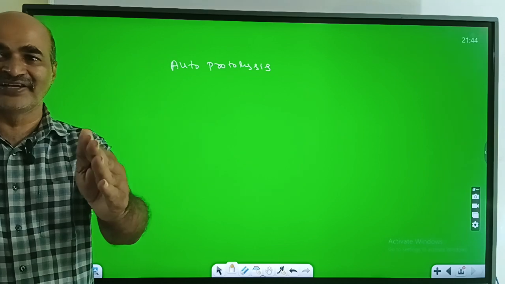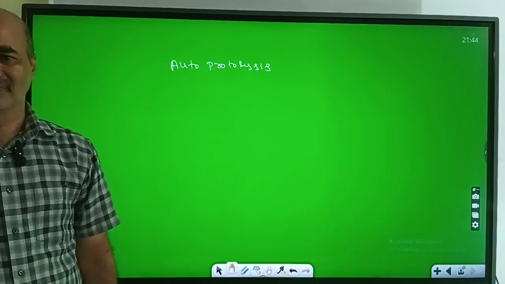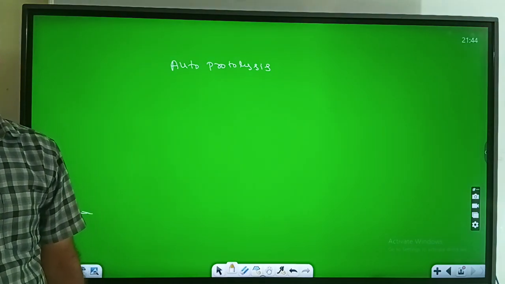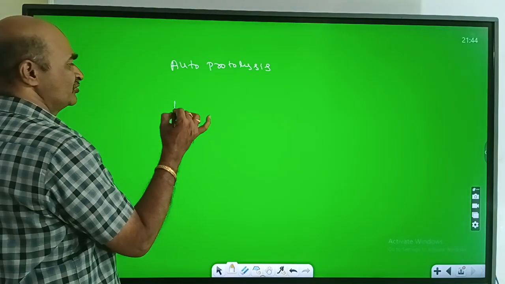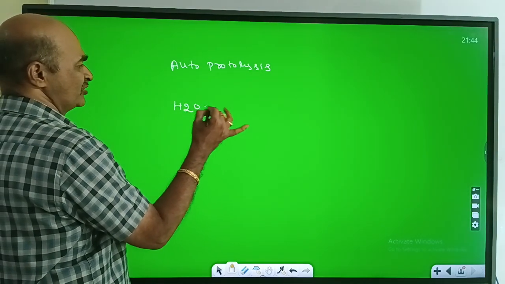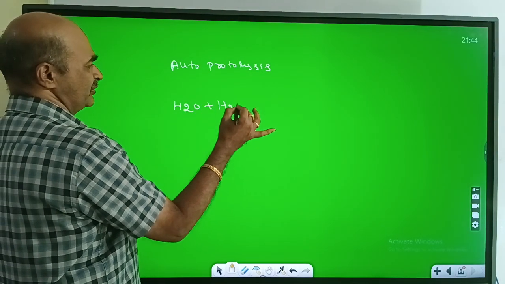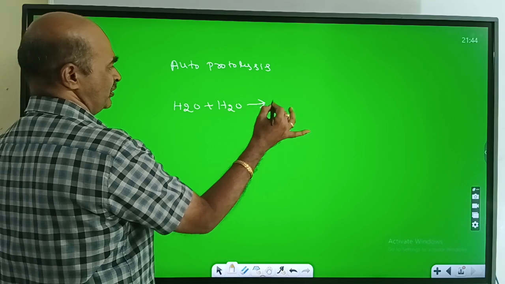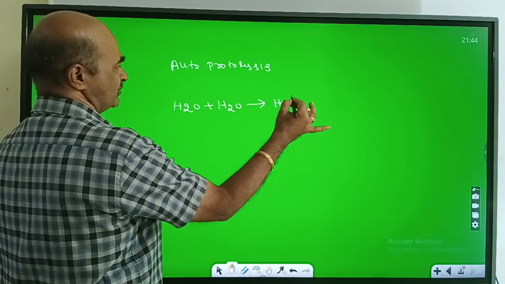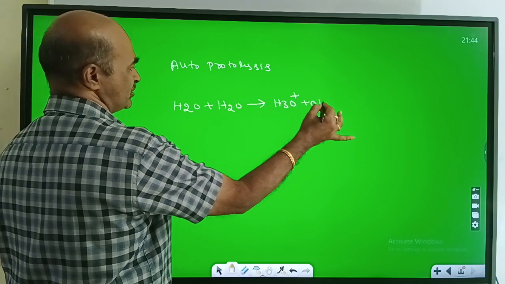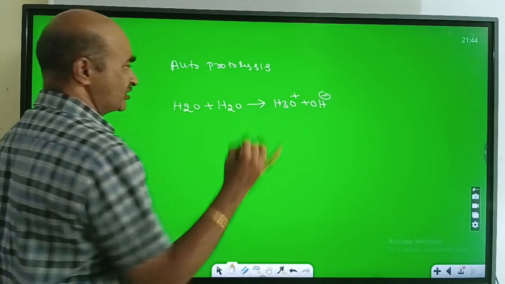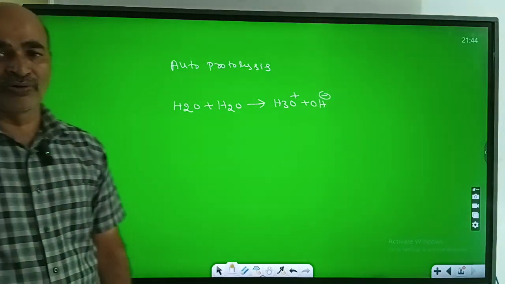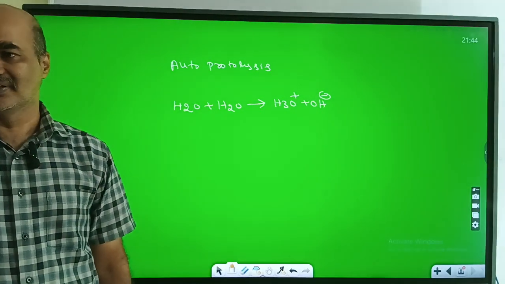H2O itself reacts with H2O and forms H3O plus and OH minus ion. So H2O plus H2O gives rise to H3O plus plus OH minus. This reaction is called autoprotolysis reaction.